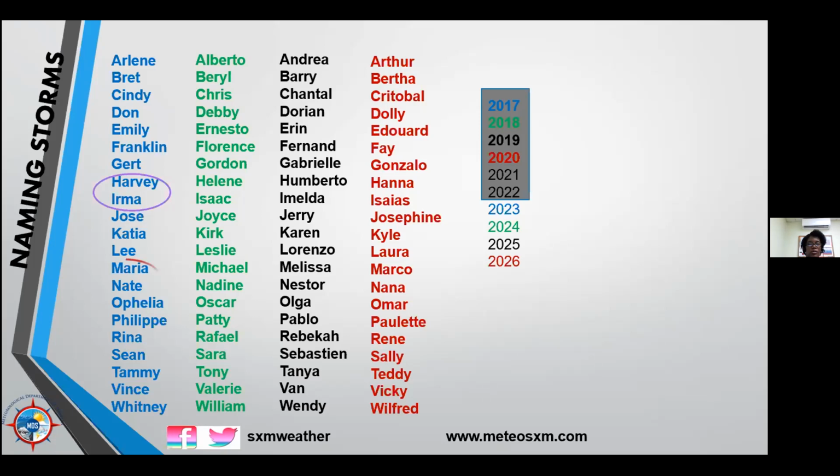We had also Maria and Nate. Maria caused destruction in Dominica. 31 lives were lost and 34 people are still missing. Nate caused some destruction in Central America, I think like 44 deaths. So these names have been removed. These 4 names were removed in the 2017 list.